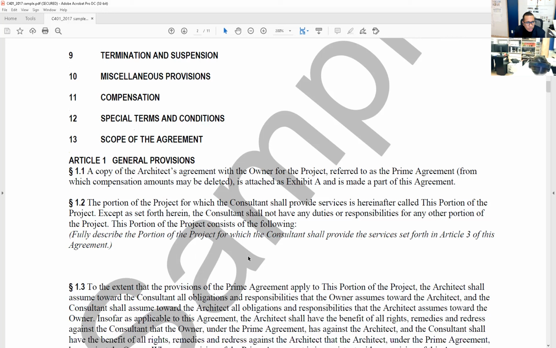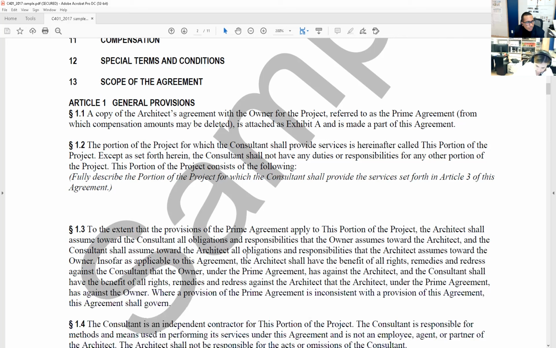So just like you don't go showing your pay statements and how much you make, that's not something we have in our face. You don't just share it with the whole world. So section 1.2, the portion of the project for which the consultant shall provide services is hereinafter called this portion of the project, capital P again.